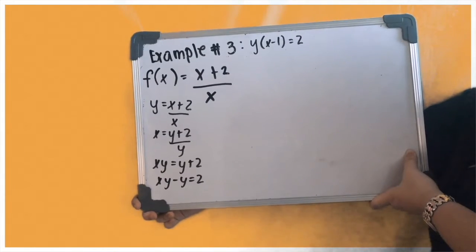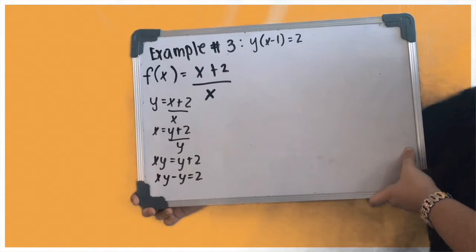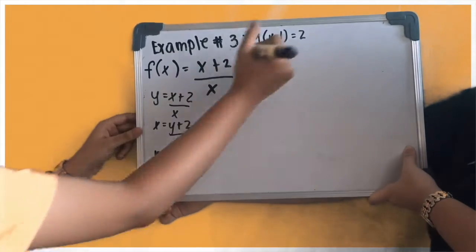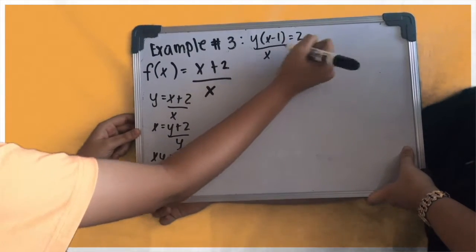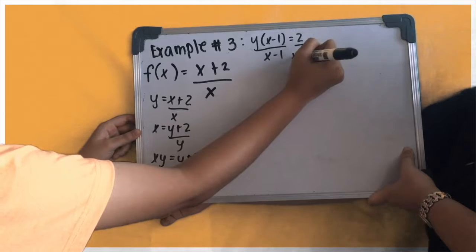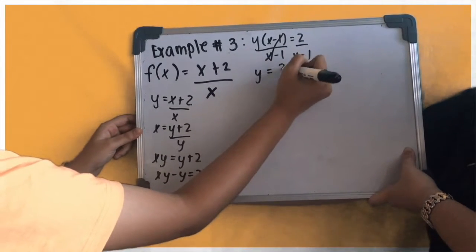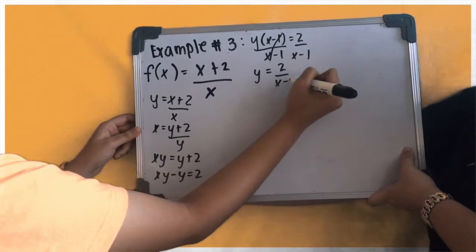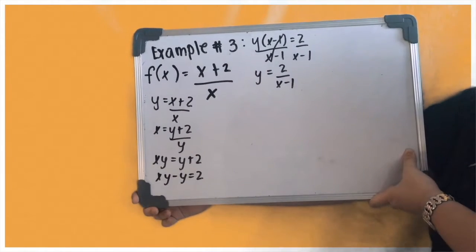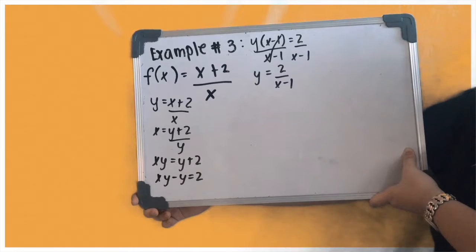Lastly, to get the value of y, we must divide both sides by x minus 1. It resulted to y equals 2 over x minus 1.